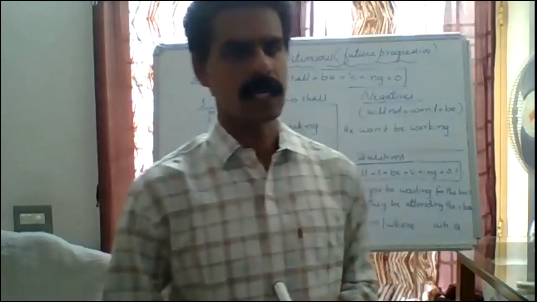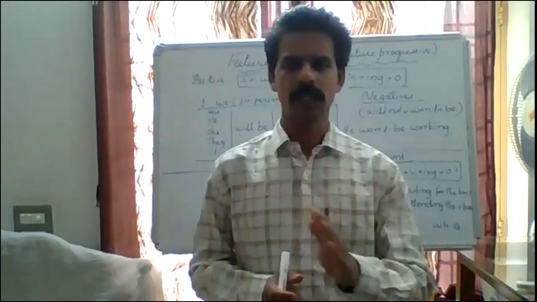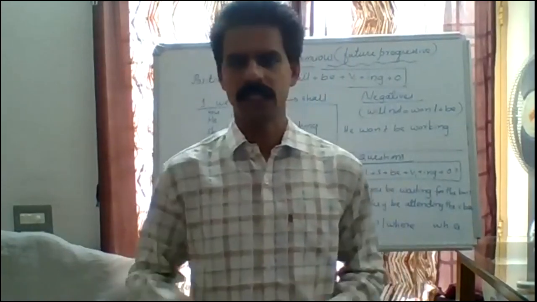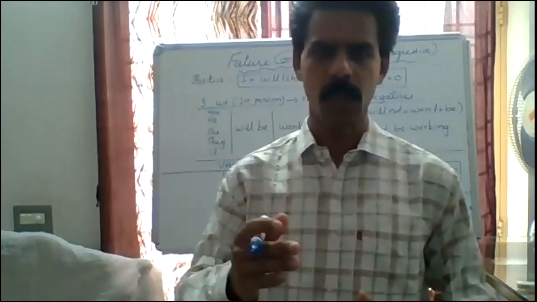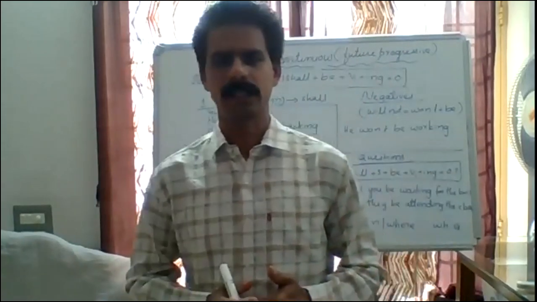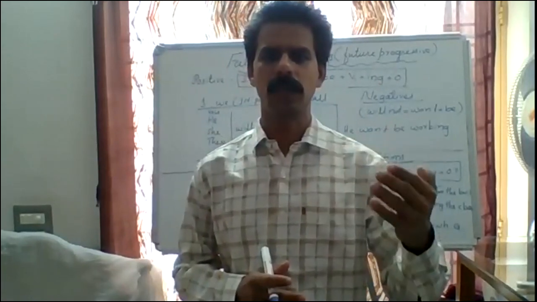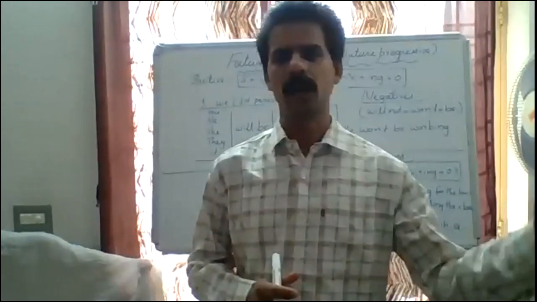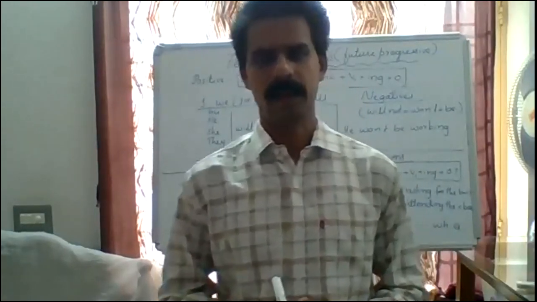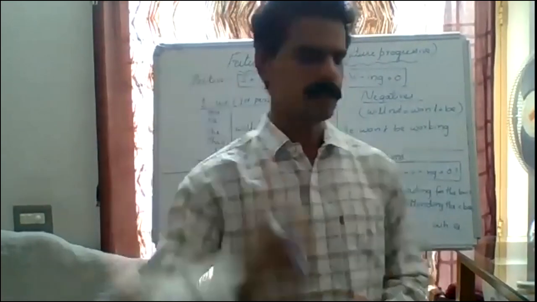This sentence shows it is not a present action, not a past action, but a future action. An action will start in the future and continue for a long period in the future.